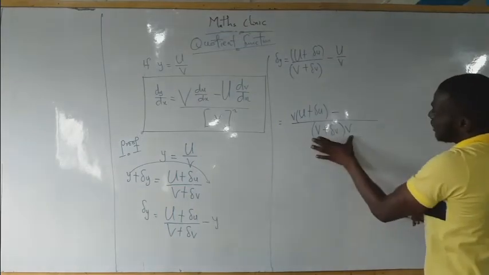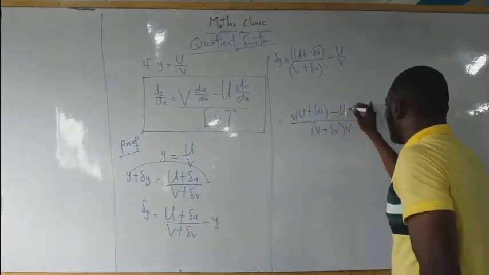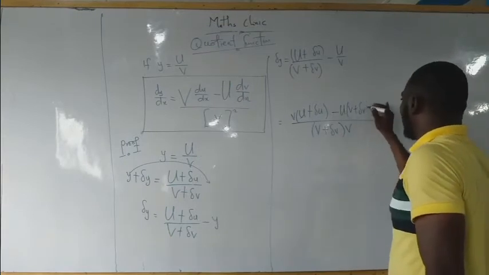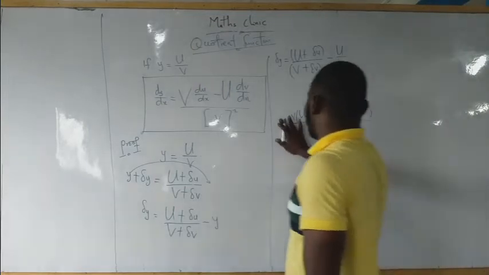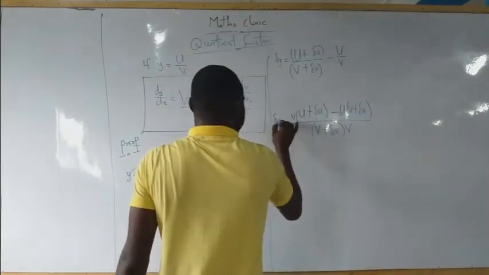How many times can we see v in this? That will be u into bracket v plus dv. Everything equals the change in y.